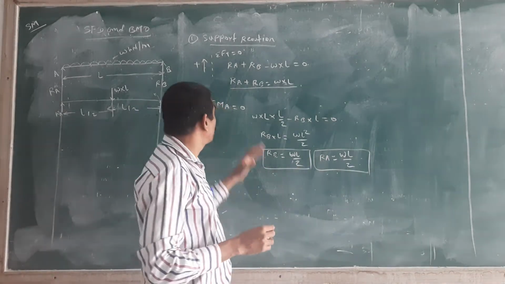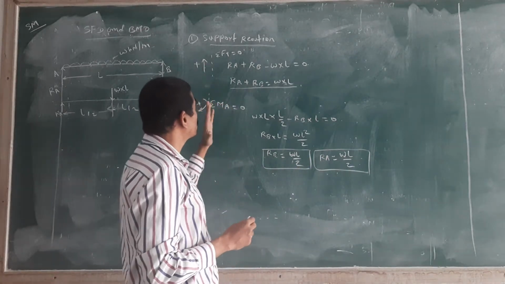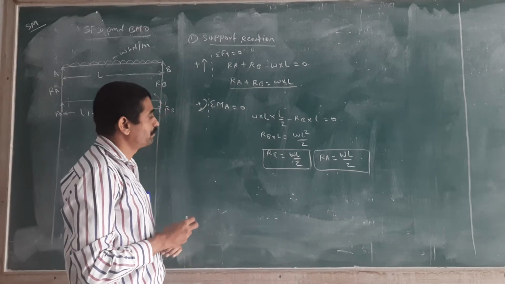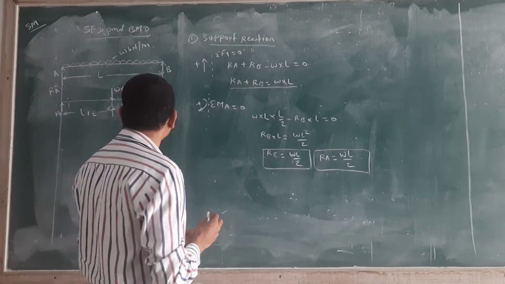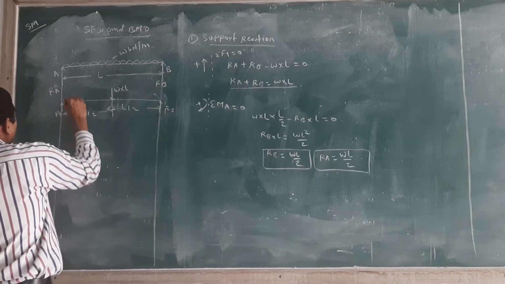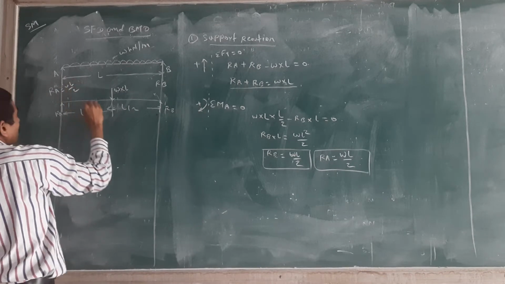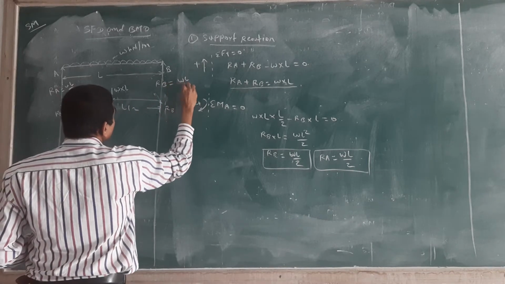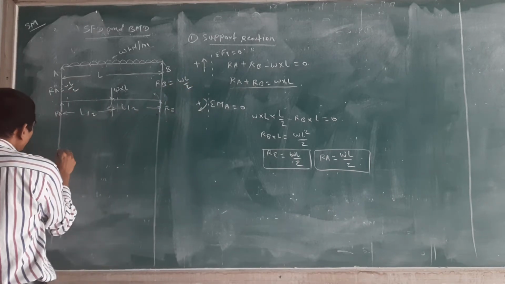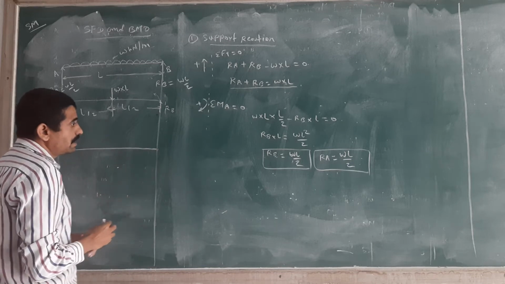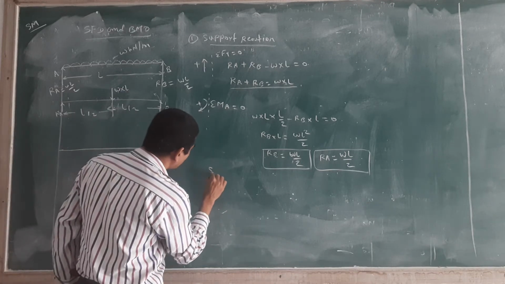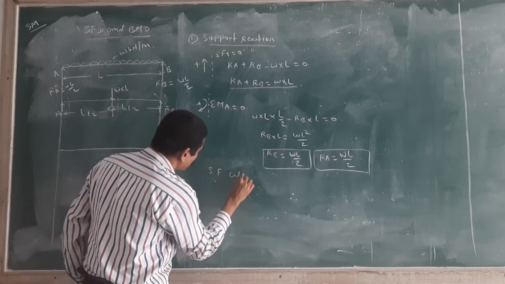That is the first step, all of you getting this? First you have to find the support reactions. Second, once you have found the support reactions, you have to draw the SFD. This one is WL by 2 and this is also the same value, WL by 2. Then we will do the SF calculations.